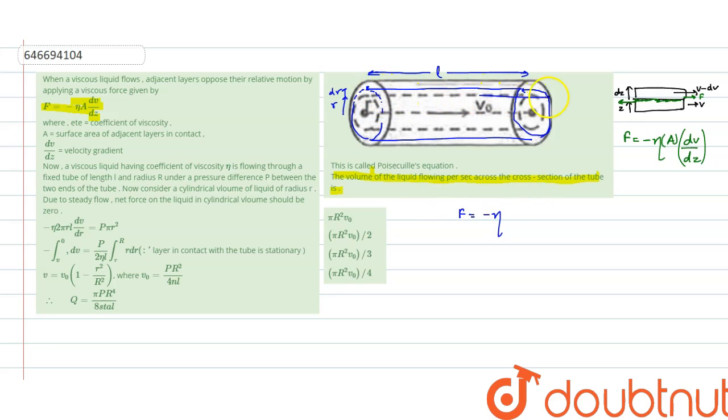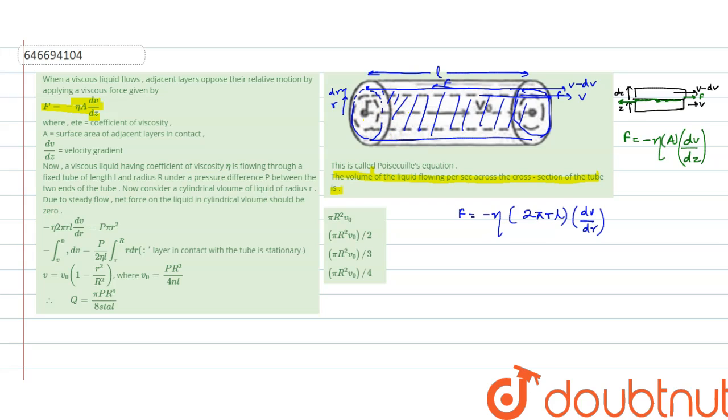Let's say on this layer it is in this direction and on this layer it is in this direction. We can say therefore that F is minus of eta multiplied by curved surface of this cylinder, which is equal to 2 pi r multiplied by L multiplied by dv over dr, considering this lower layer moves with velocity v and this upper layer moves with v minus dv.